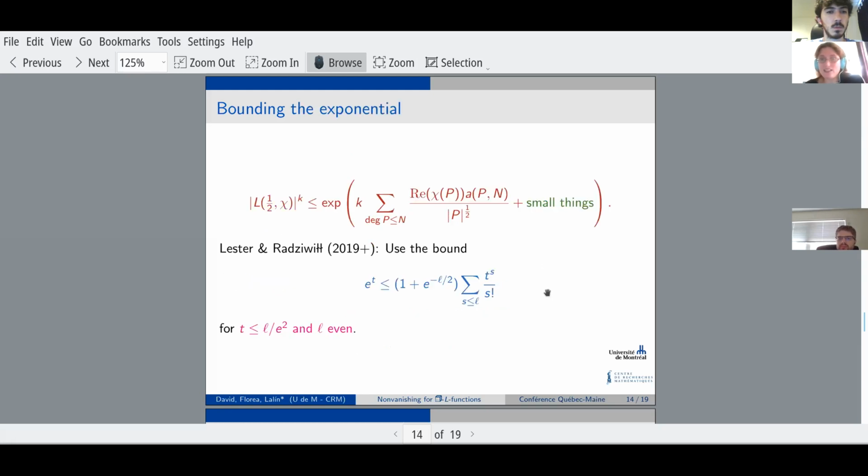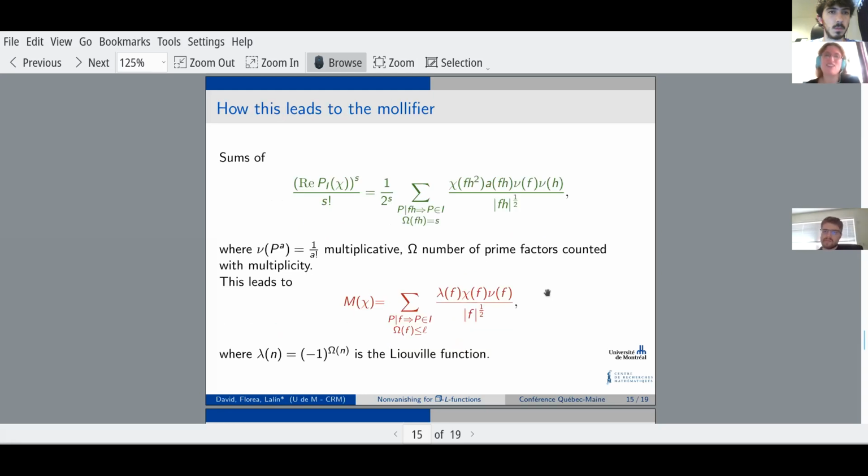But then there is this idea by Lester and Radziwill where they bound the exponential with a finite sum under certain circumstances. Okay, this is super fast. I only have 3 minutes. So in sum, you have a bound for the log, you take the exponential, and then you bound the exponential by a finite sum on top of that.